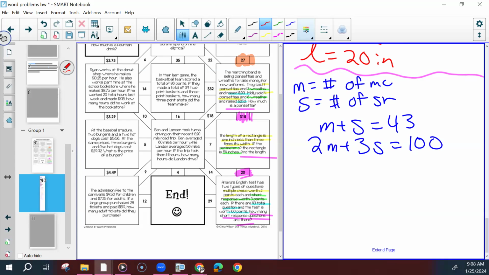So if we solve for M, get M by itself, get rid of S, when we substitute that back in, we will have just S. Now, I believe I said this last time, but I'm not sure. It doesn't matter if you solve for the wrong variable first, you just have to go back and solve for the right variable, if it's only asking for one thing. Or if you solve for the right variable the first time, then you don't have to go back. But if it asks for both, you have to do both regardless.